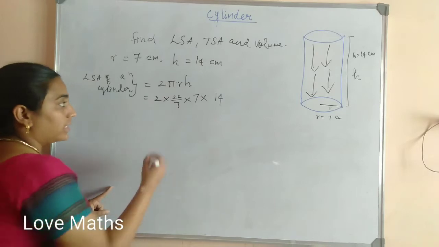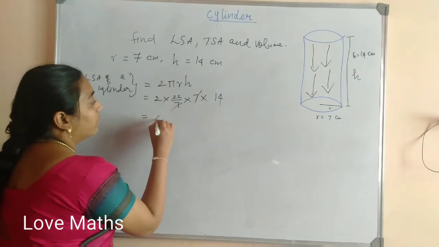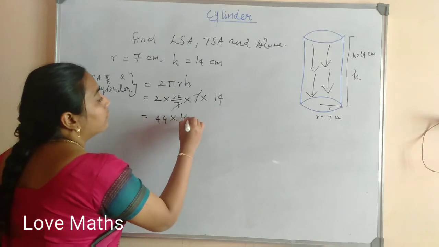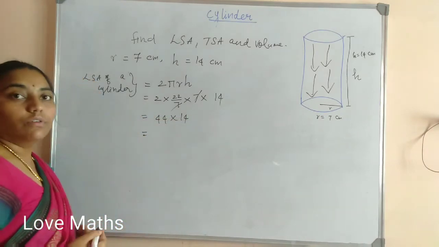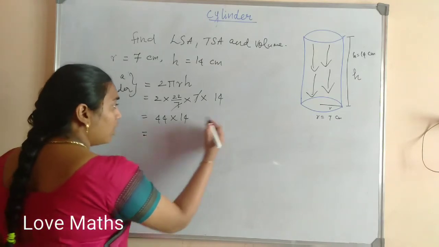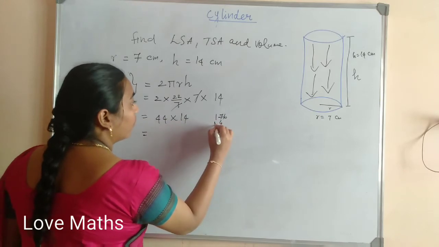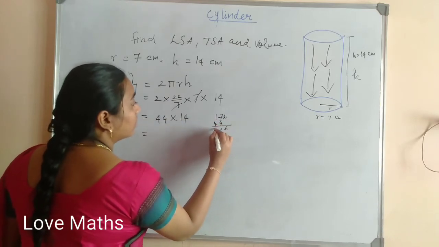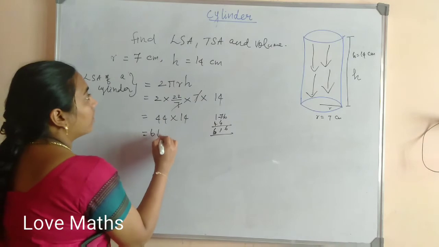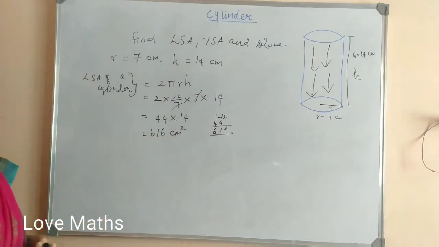Now we have to cancel. The 7 and 7 are cancelled. What is the remaining? 2 into 22, 44 into 14. So 44 into 14, what should come? You just multiply this. 4 fours are 16, remaining 1, 16 plus 1 is 17, then 4 fours are 16, 1 6. So 616 centimeter square. This is the LSA.